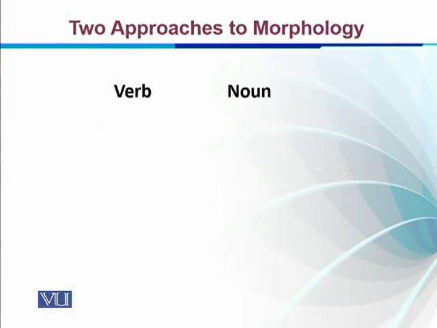For example, we know that in English, especially in two-syllable words functioning as verb and noun, there is a difference of stress. In verbs, we have stress on the second syllable, and in nouns, we have stress on the first syllable.